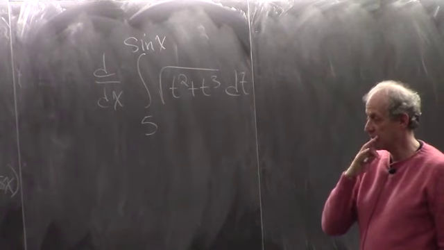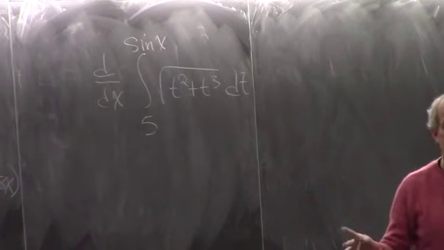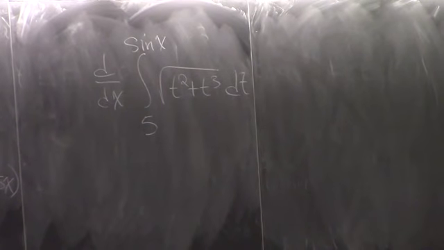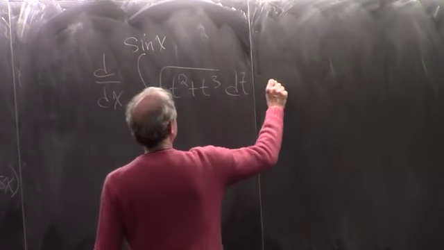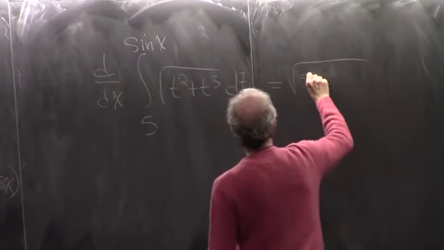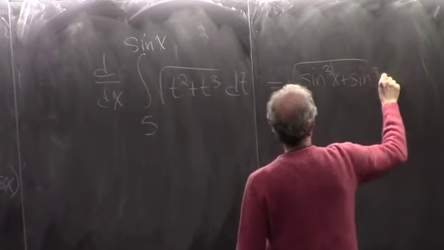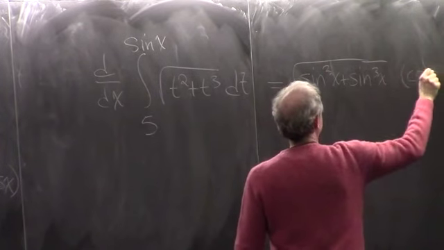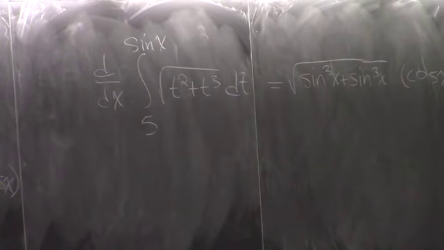Now what happens? Do I get 2 rounds of sine in there? What happens? This would become the derivative of that. It would be the square root of sine squared x plus sine cubed x times cosine x. Okay?